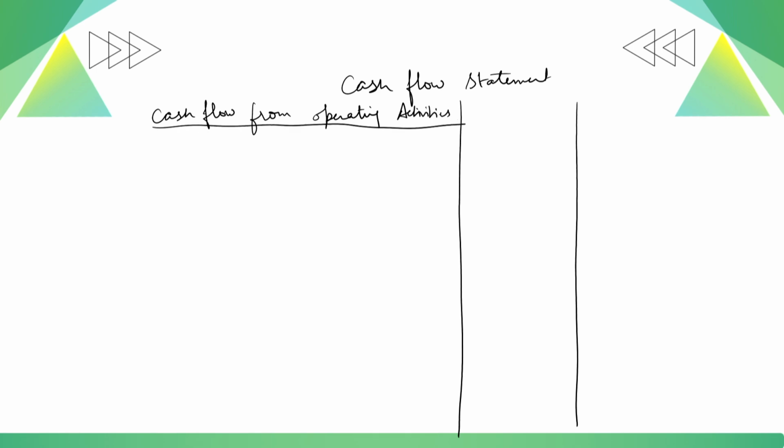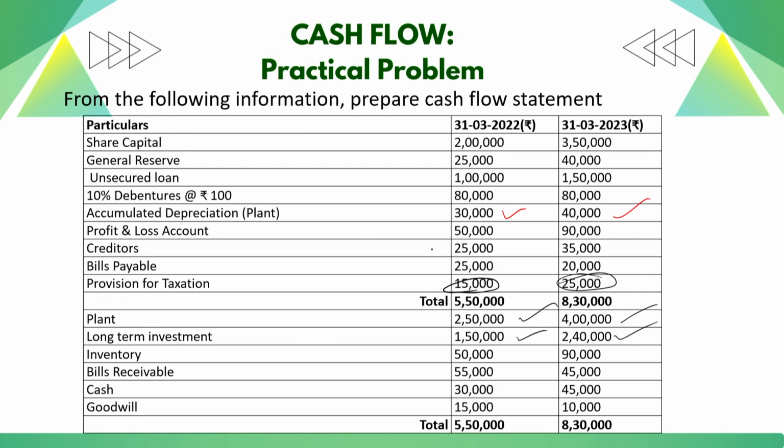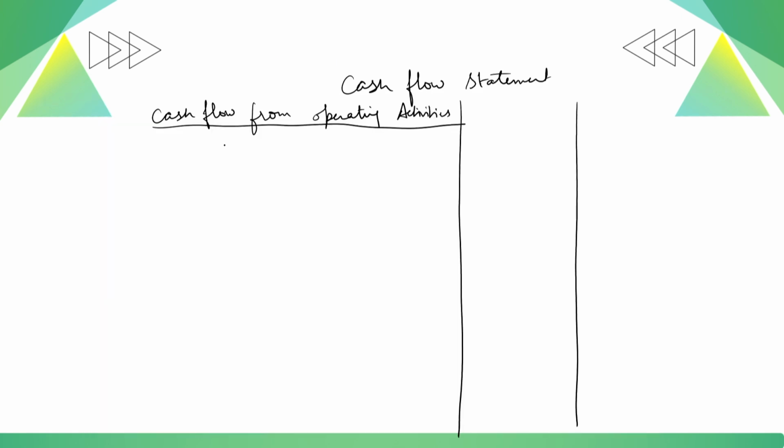The first item in the question is the difference of the profit and loss account showing figures of 50,000 and 90,000. So starting with this, we will put the first difference in P&L account, that is 40,000.